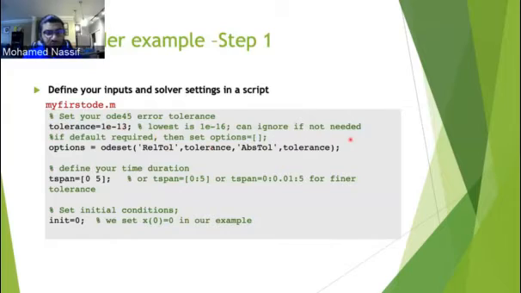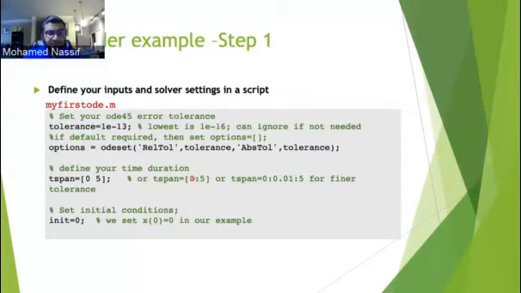You can just use the default, which is something like 1e minus 9. If you don't even care about the settings, you can just set options equal to blank square braces. And if you actually want to define a tolerance, you would set options equal to odeset, relative tolerance, absolute tolerance, and then the tolerance value.